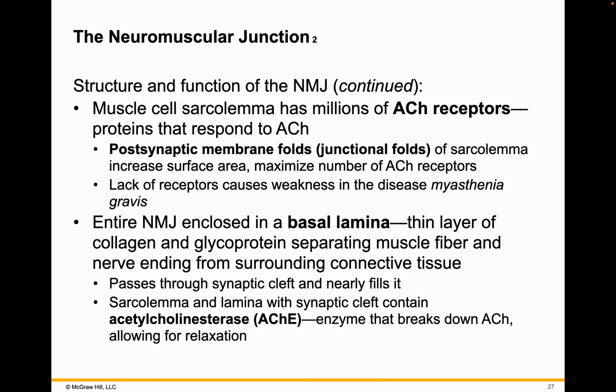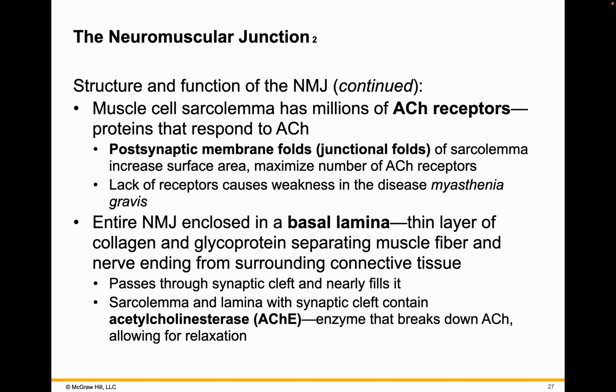The sarcolemma has millions of acetylcholine receptors, which are proteins that respond to acetylcholine. The postsynaptic membrane folds, or junctional folds, of the sarcolemma increase surface area and maximize the number of acetylcholine receptors there, and a lack of receptors can cause weakness in the disease myasthenia gravis.